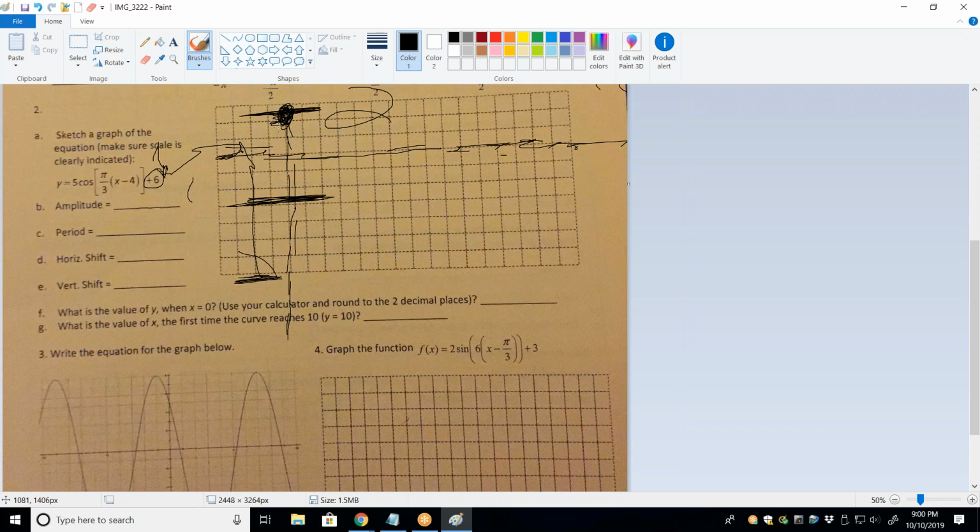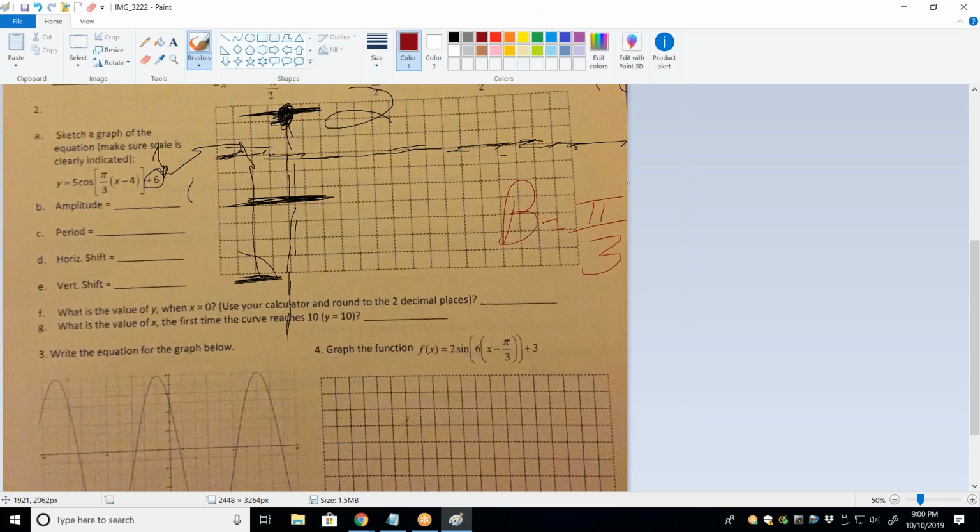You understand the difference? It's inside the bracket, but the important part is it's outside the parentheses, x minus 4. So that means that b is equal to pi over 3.